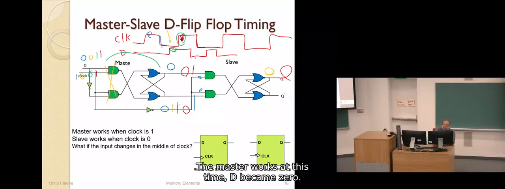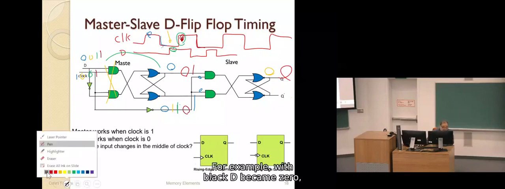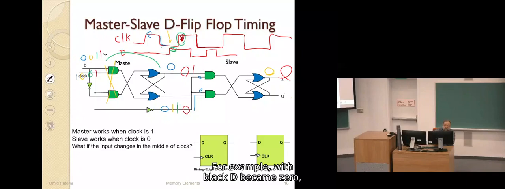So at this time, D became 0, for example, with black. D became 0, but clock is still 1. So it will make the output of master 0. So now we have 0 here, and the clock is 1, so the slave doesn't work until the clock goes low here.